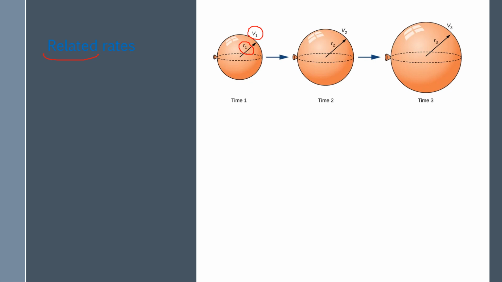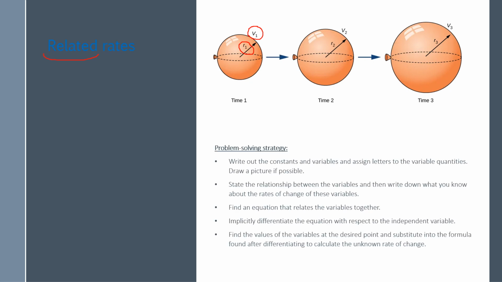Let's go ahead and talk about the problem solving strategy that we are going to follow. So first we're going to write out all the constants and variables. So constants are numbers. Variables is something that we're going to assign, for example, R for radius, V for volume. We assign letters to the variable quantities, and if needed, we draw a picture. Then we state the relationship between the variables.